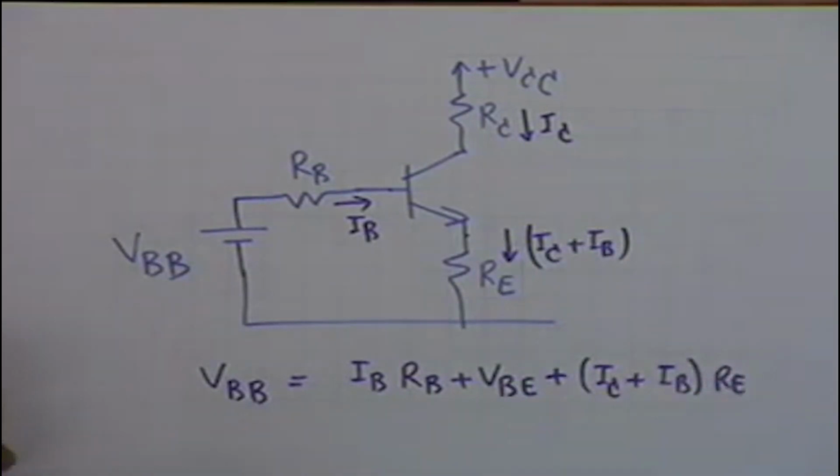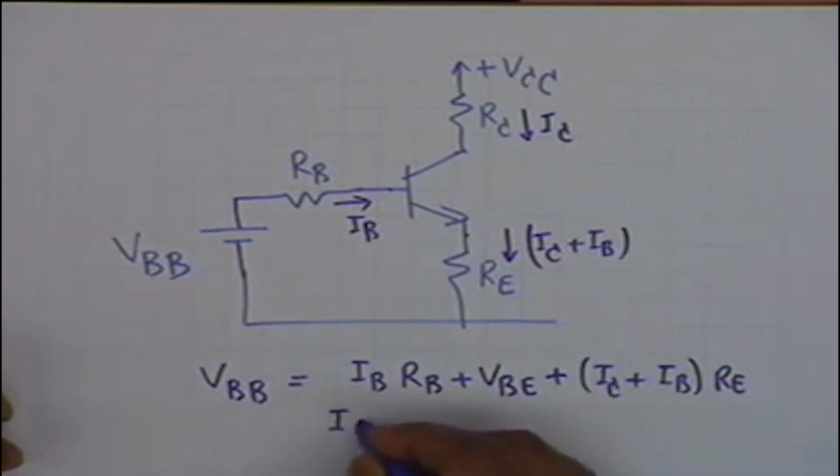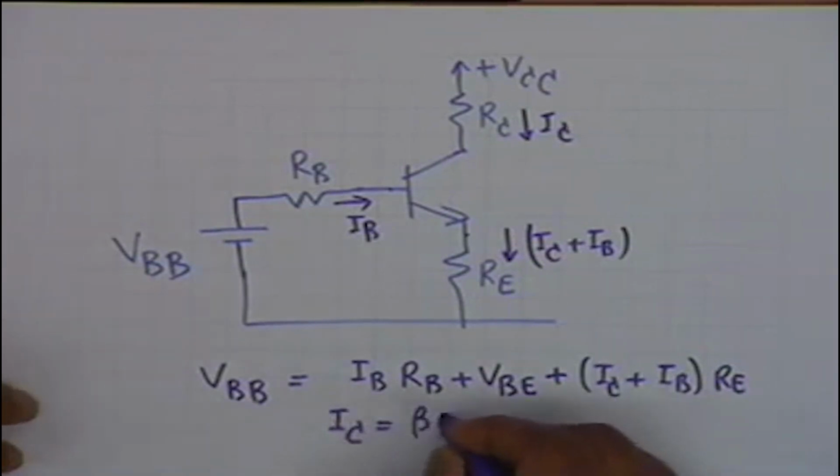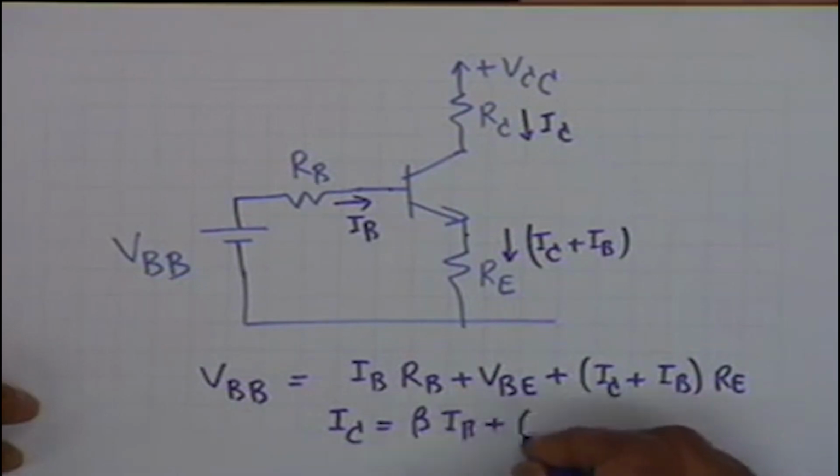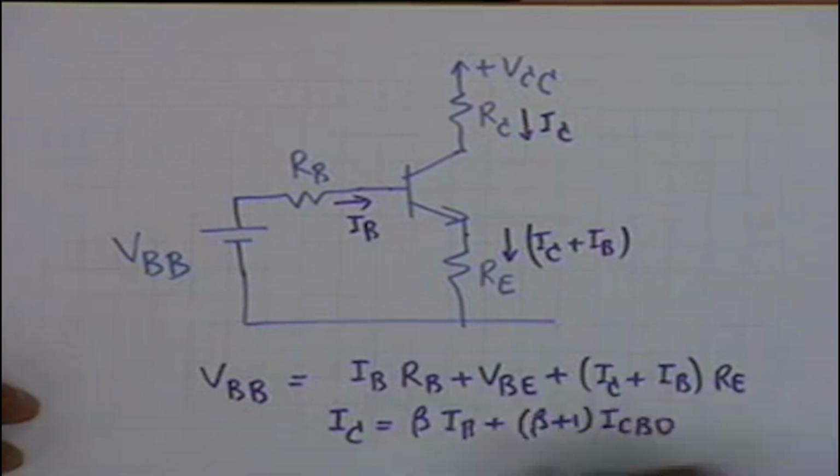This is one equation in which the two currents I sub C and I sub B are unknown, but we know that I sub C and I sub B are connected by the relation I sub C equal to beta I sub B plus beta plus 1 I sub CBO, and therefore I can eliminate I sub B from here.